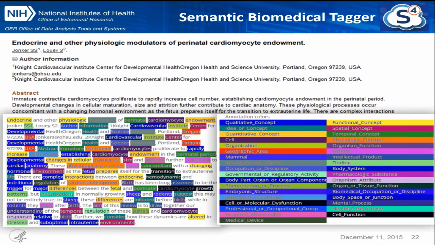Again, I've taken an abstract from PubMed, pasted it into their tagger, and it identifies organizations and physiologic functions and organisms and body systems, etc. All of these things on the right-hand side are the key that highlights, using different colors, terms in the text that, again, could be used in a structured way to link databases, not only linking publications to grants, but linking publications to patents, clinical guidelines, etc.